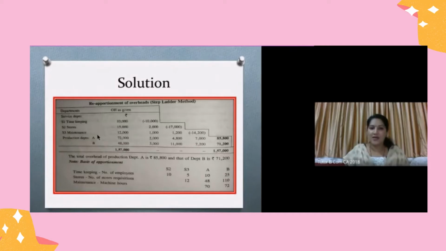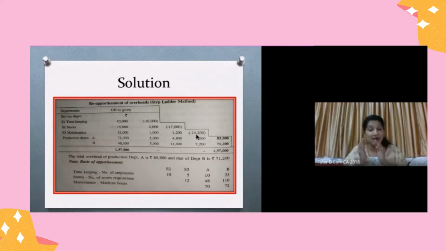Now we have the last department coming up, that is S3. Now we have to remember, in case of S3, it will have a share from S1, it will have a share from S2, plus the overhead distribution which needs to be redistributed. So it will be 12,000 plus 1,000 plus 1,400, which is 14,200 needs to be nullified.